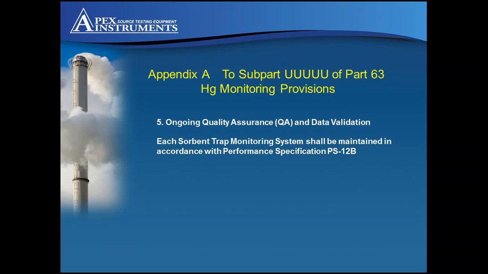For ongoing quality assurance of your sorbent trap monitor, annual RATAs are required. Records of preventative maintenance and all testing, maintenance records, a maintenance log, date, time, repair, replacement must be kept. For each sorbent trap sample collection, the sampling console collects and automatically records all of the sample run data.